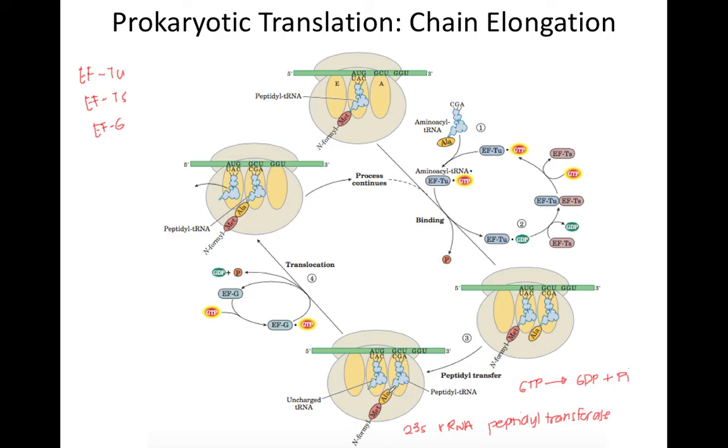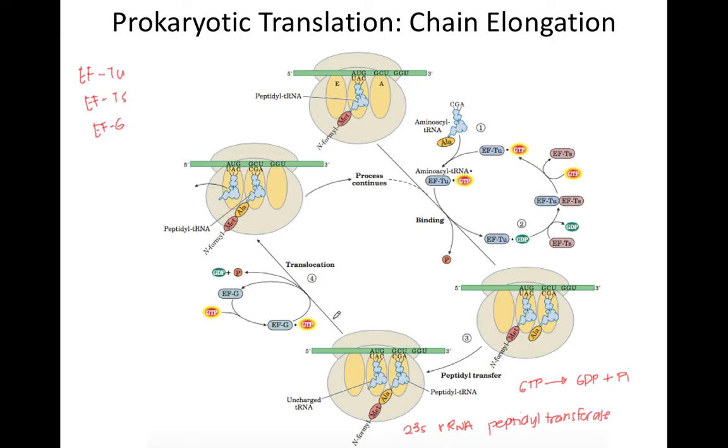So we read our mRNA from 5' to 3', we make our polypeptide chain from the N terminus towards the C terminus. So once this gets transferred here, this tRNA is now uncharged.